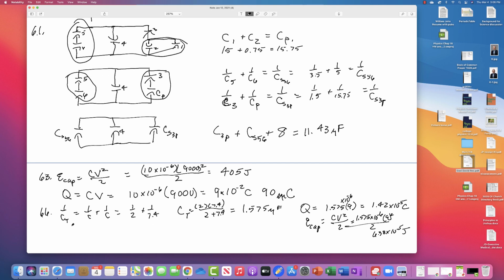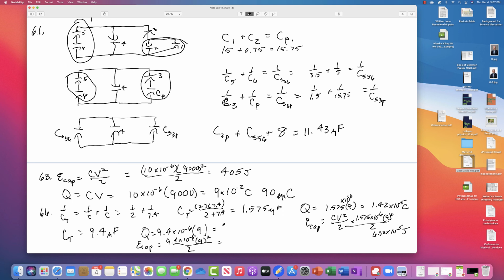Now the only difference, if they're in parallel, is you just add them. So the total is going to be 2 plus 7.4, so it's going to be 9.4 microfarads. So you do the same calculation here. Q is going to be 9.4 times 10 to the minus 6 times 9. And then E is going to be 9.4 times 10 to the minus 6 times 9 squared over 2.